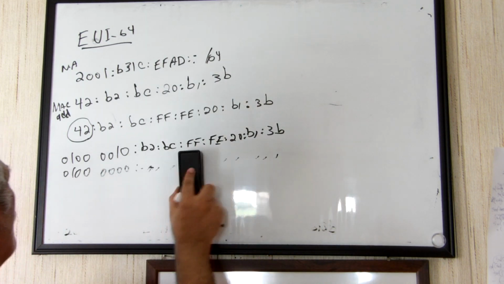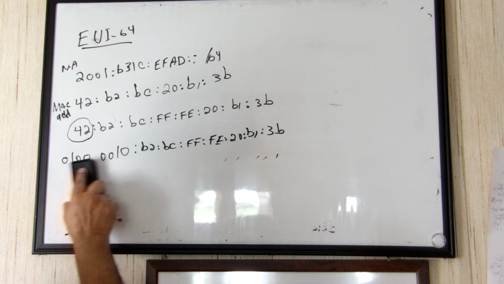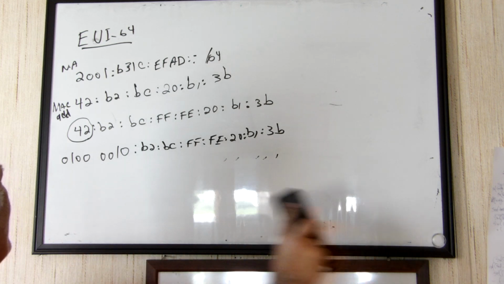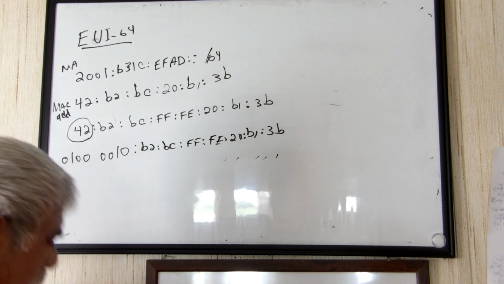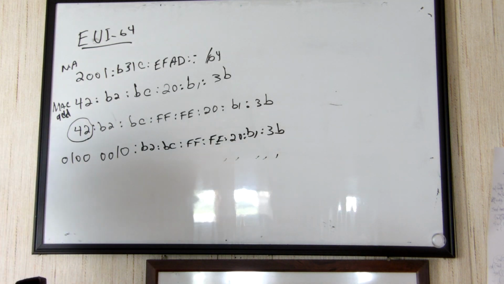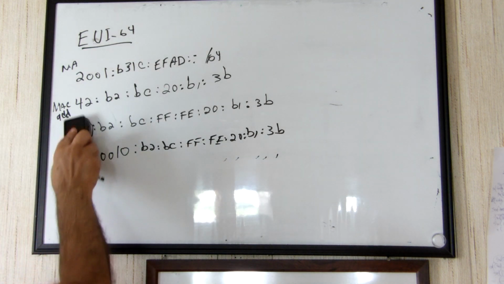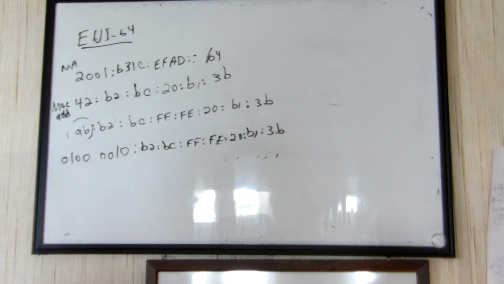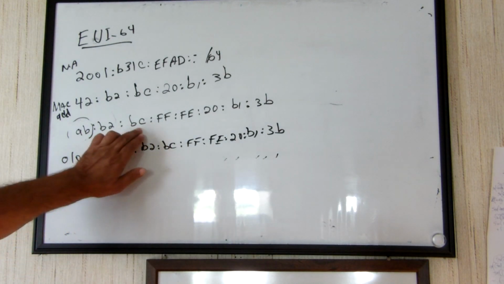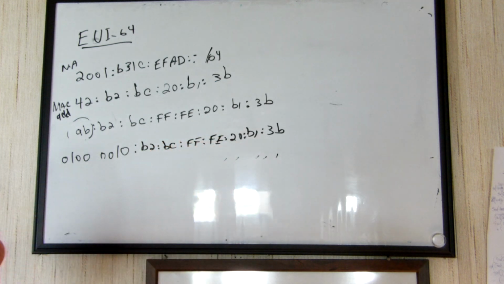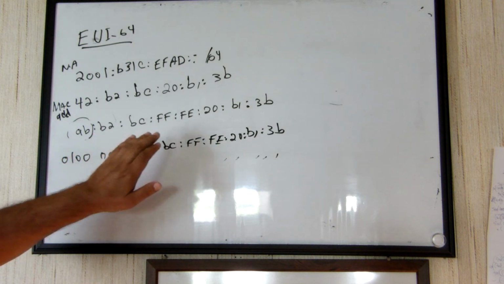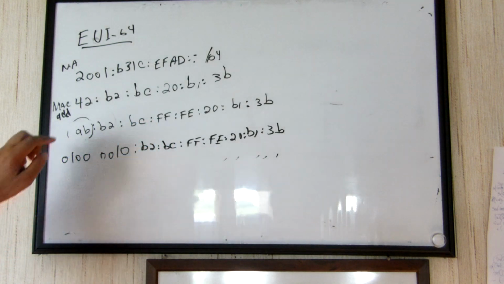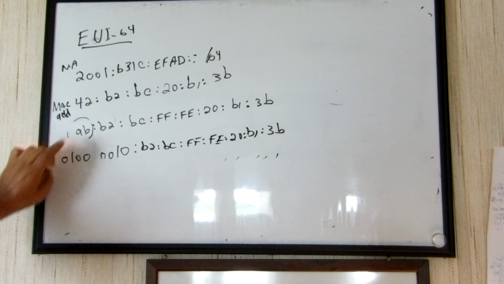And then, okay, now let's see another example. This is going to be AB. We put A instead.